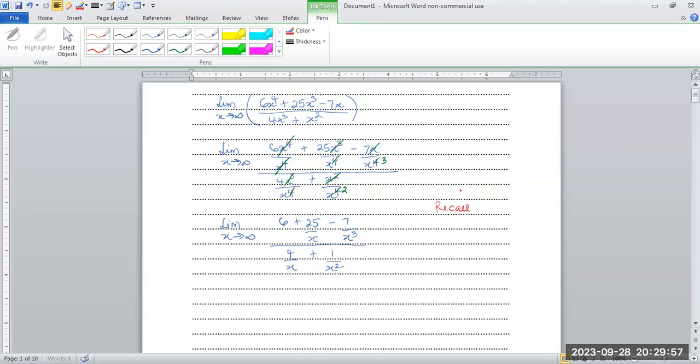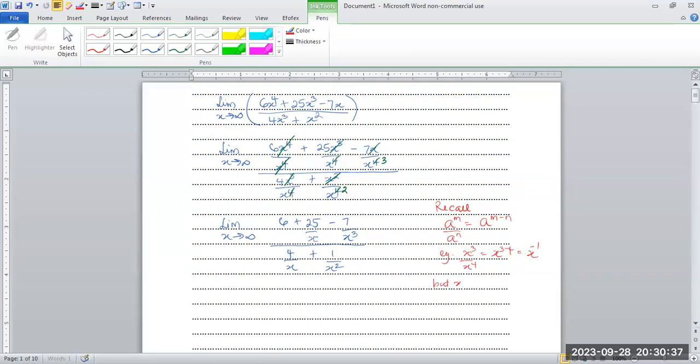So recall, a to the m divided by a to the n is equal to a to the m minus n: the numerator power minus the denominator power. For example, x cubed over x to the fourth is equal to x to the 3 minus 4, which is x to the negative 1.